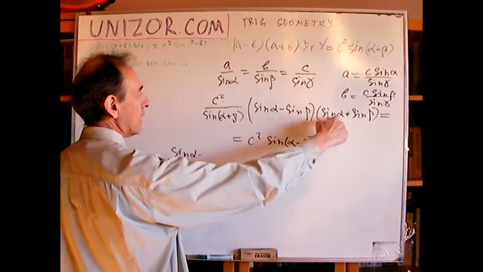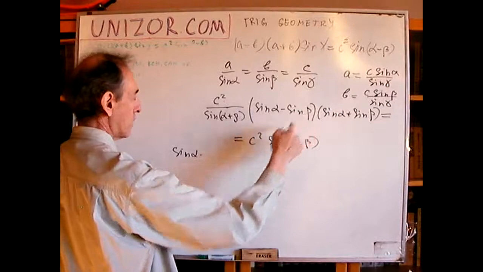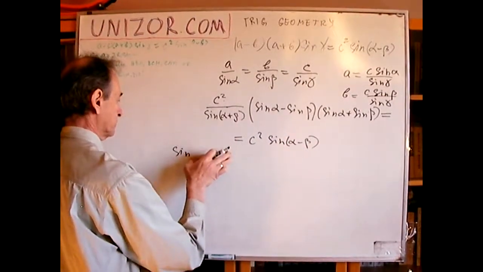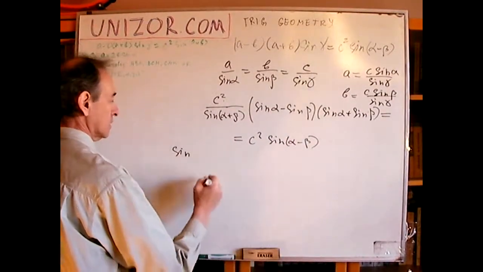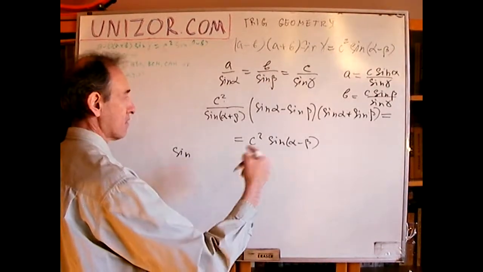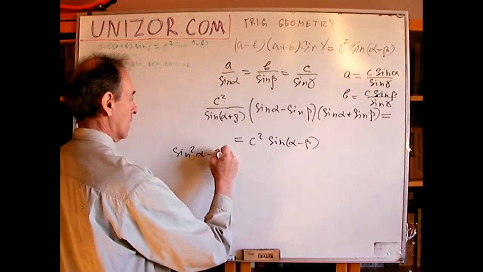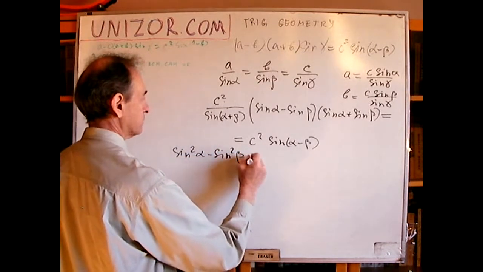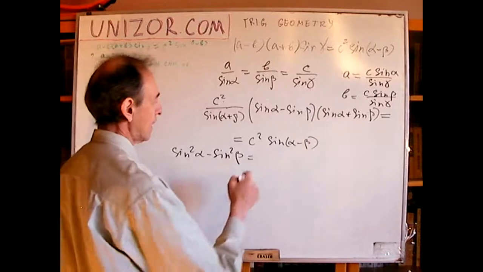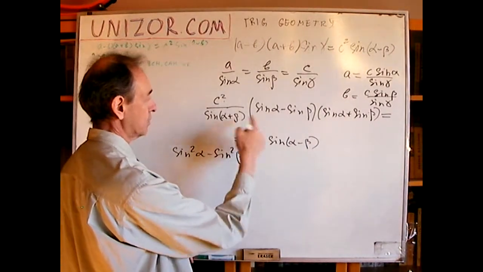Now, I multiply sine minus sine and sine plus sine as sine square minus sine square, right? You know that x minus y times x plus y is x square minus y square, right? So I have this on the left. On the right, I have sine of alpha minus beta times sine of alpha plus beta, right?